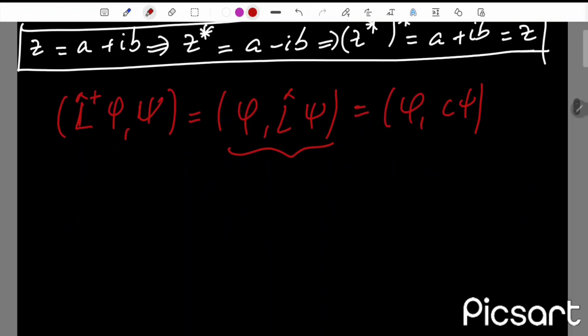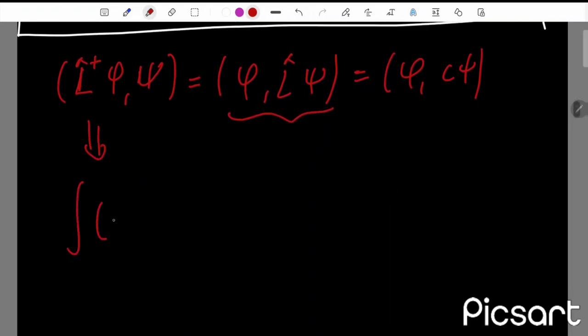And now, using the definition of the inner product, we know that here we have L dagger phi, complex conjugate, times psi.